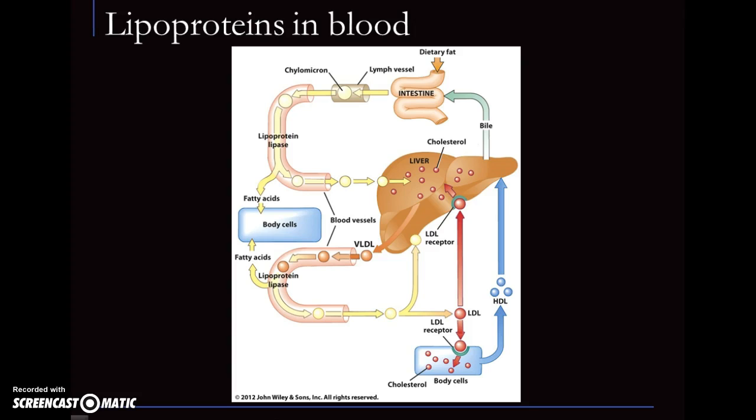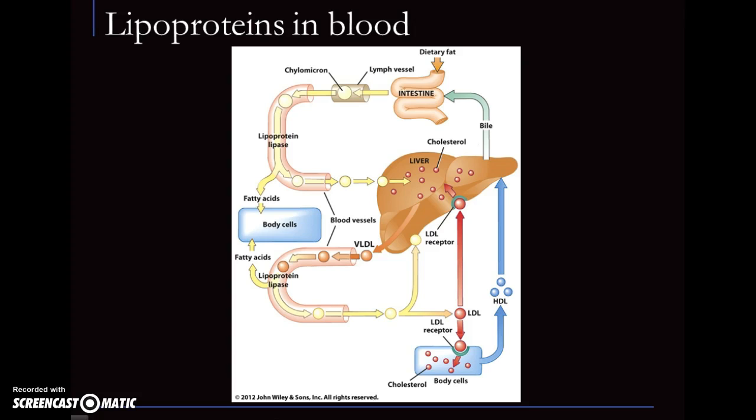And this diagram is showing the whole process of lipid transport in the blood. So we consume some dietary fat. That dietary fat is then broken down from triglycerides, phospholipids, and cholesterol into smaller pieces that can then be absorbed. Once absorption occurs in the small intestinal mucosal cells, those are packaged back into lipoproteins called chylomicrons and secreted into the lymph.